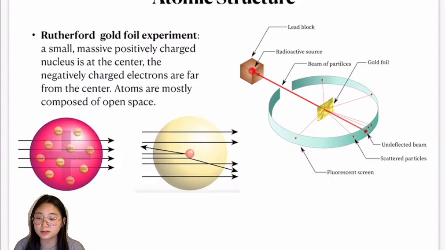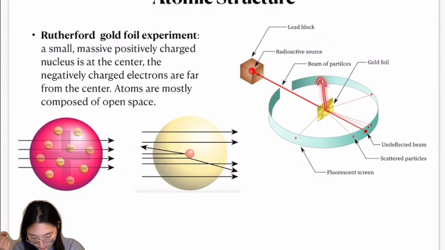But the result turned out that he spotted multiple other spots on the screen. This is a screen, or a detector, that can capture all of this radioactive light. He observed that most of the lights fall on the opposite side, which is true, but some of them deviate from this straight line, some of them deviate even more by a larger degree, and some of them even reflect backward, by a much greater angle.